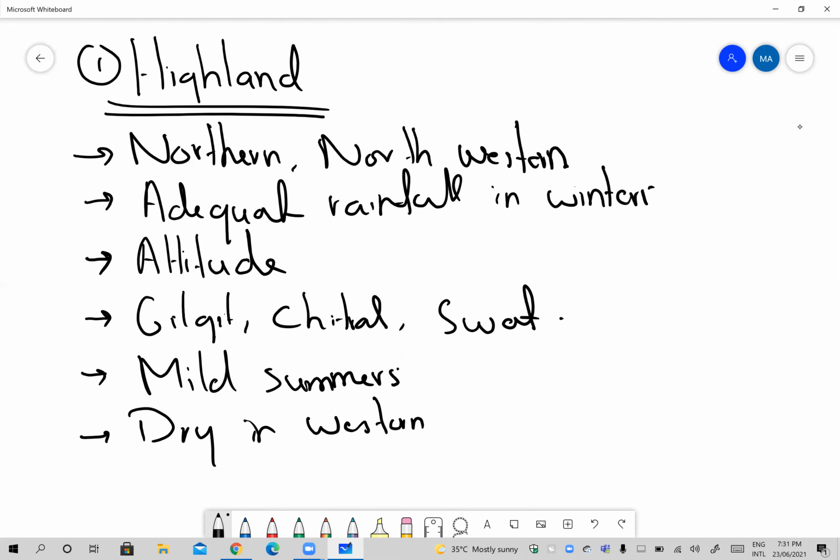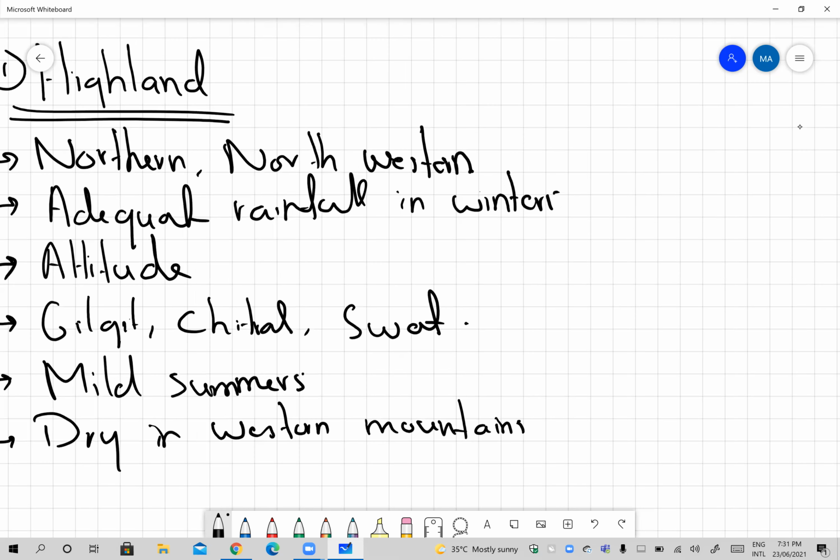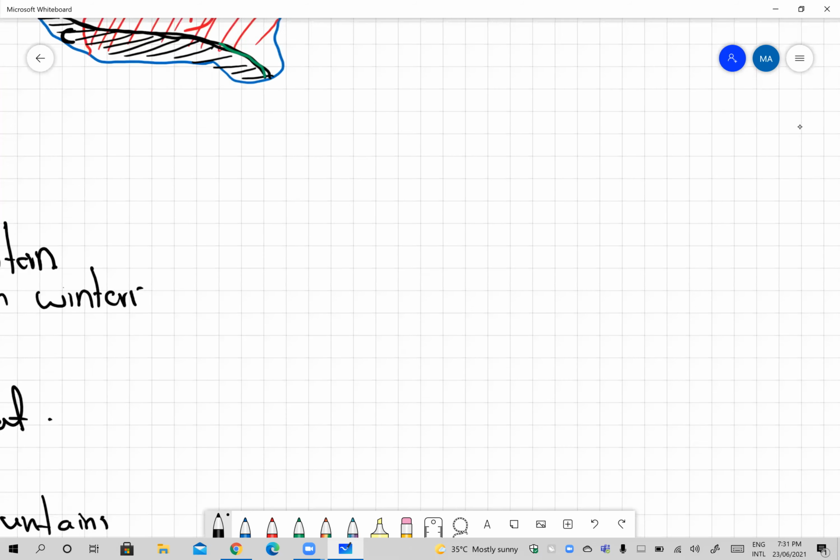When we were studying the first topic, we did talk about the differences in the climates of the northern and western mountains. Northern mountains experience heavy rainfall. Western mountains comparatively experience less rainfall, so the climate is usually dry as compared to the northern mountains. Okay, moving on to the lowland climate.